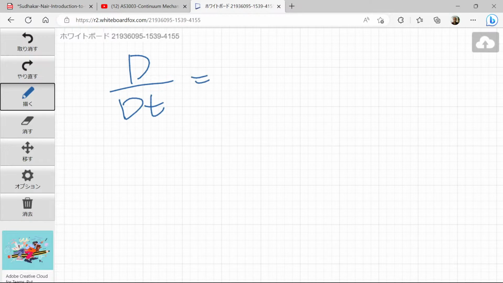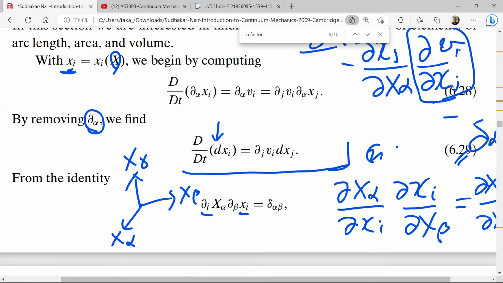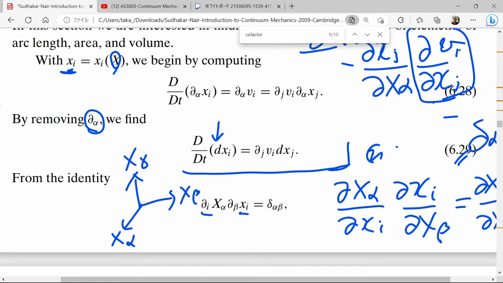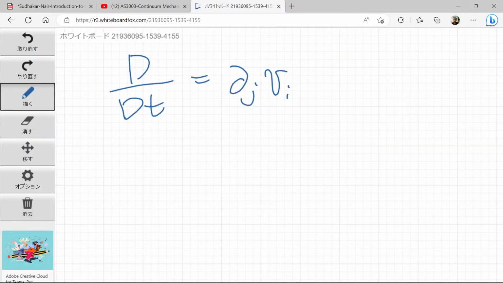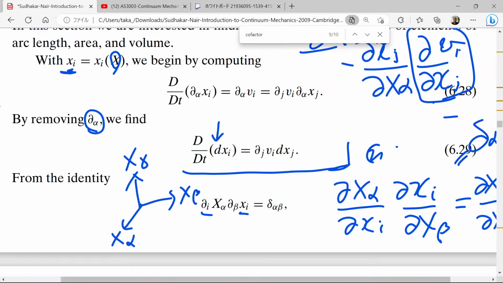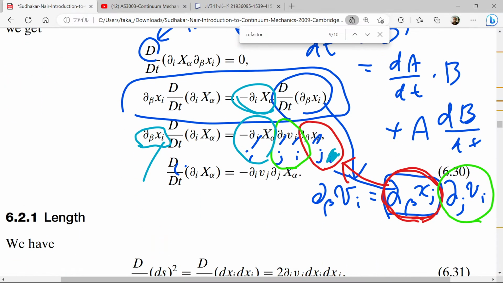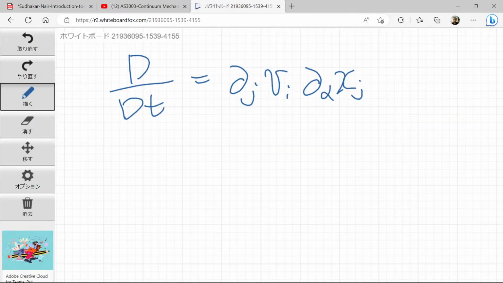d/dt equals partial j v_i, partial alpha x_j. This is what they say first. Then second is this. d/dt, so this is x_i.